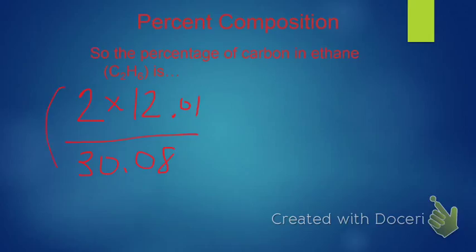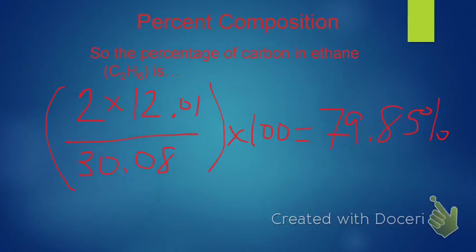Then we take this entire number, and to turn it into a percent, you just have to multiply it by 100. So we're going to have 2 times 12.01, divide that by 30.08 times 100, and it comes out to be 79.85%, or roughly 80%, depending upon your rounding.